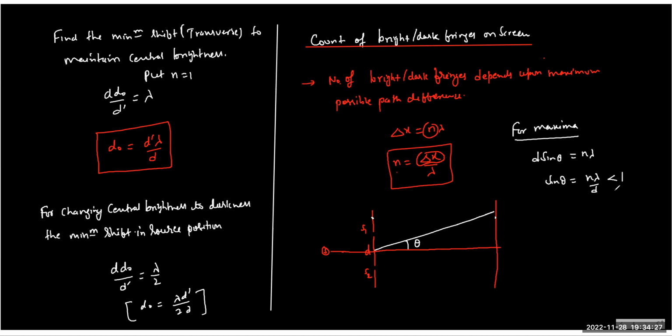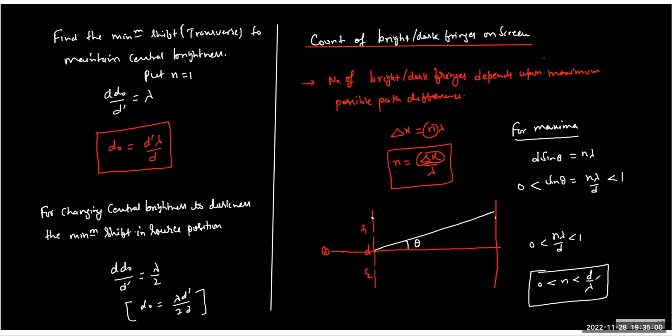So the inequality will hold, not the equality. And we are also going to get more than 0 for sure, because negative is not possible in this case, because it's a physical phenomenon. Therefore, if you rewrite this, you can clearly see that n turns out to be from 0 to d by lambda.